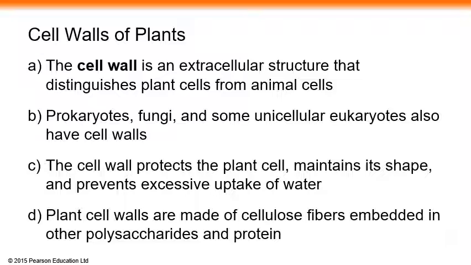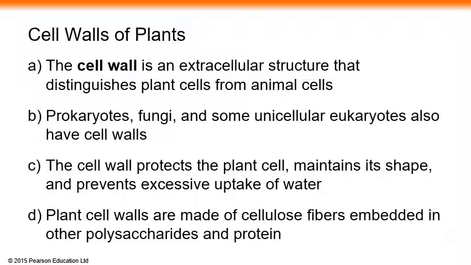Cell walls of plants. The cell wall is an extracellular structure that distinguishes plant cells from animal cells. Prokaryotes, fungi, and some unicellular eukaryotes also have cell walls.